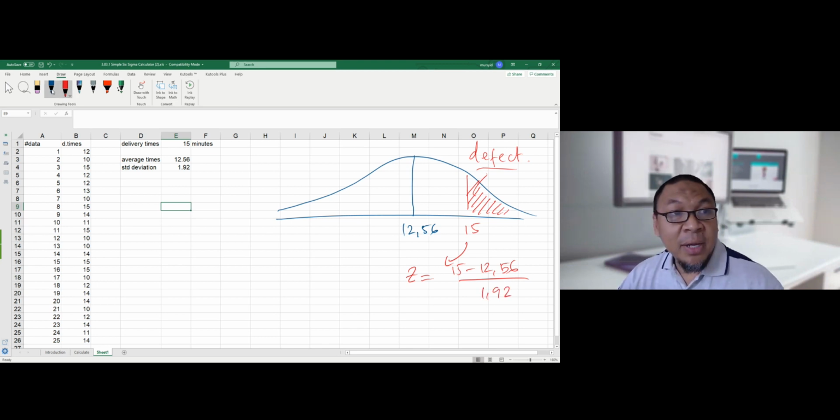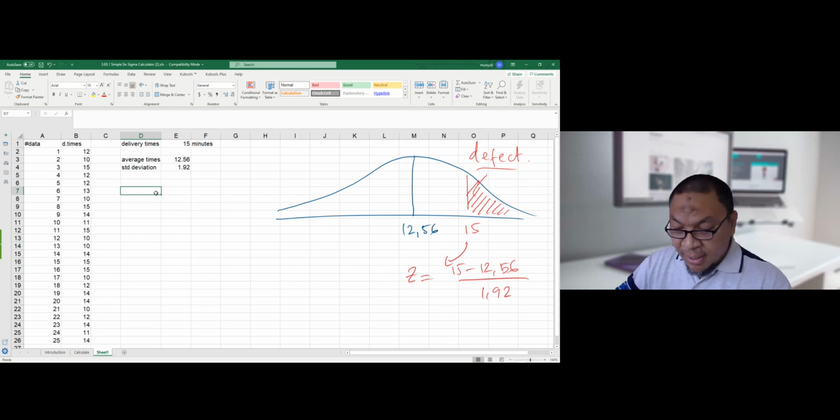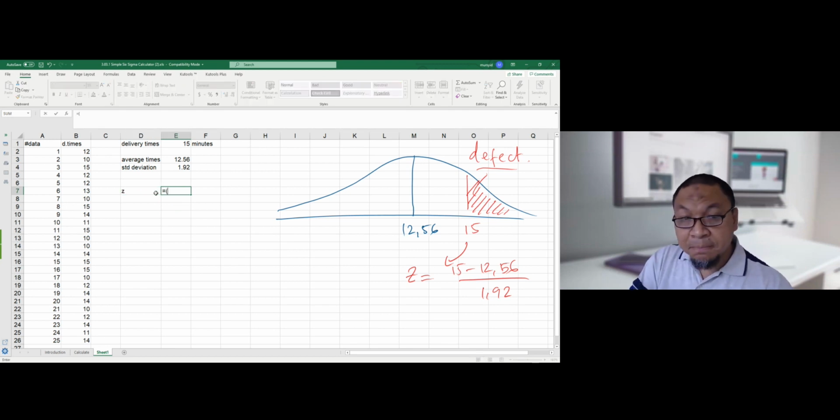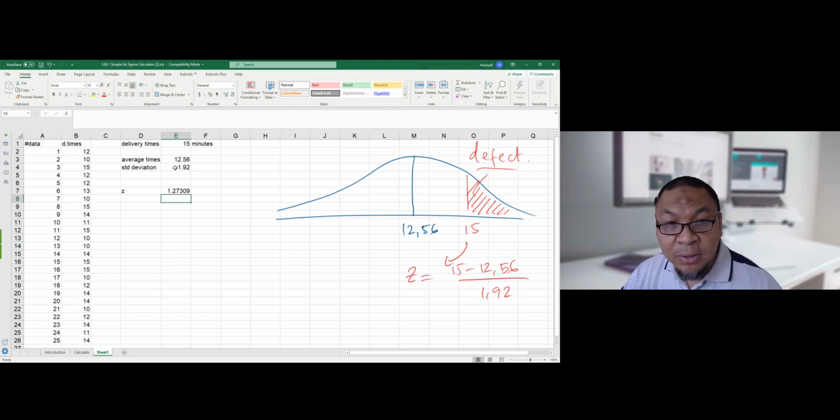Back in Excel, the Z value is 15, our standard, minus the average, divided by the standard deviation, so we got 1.27.